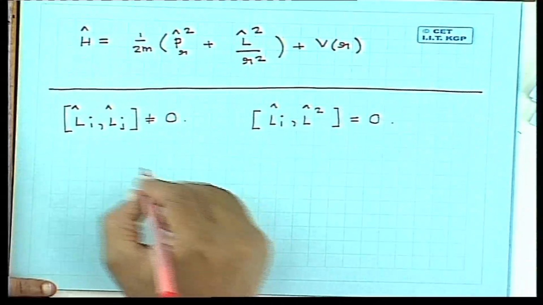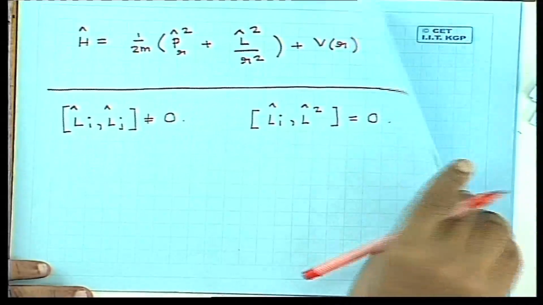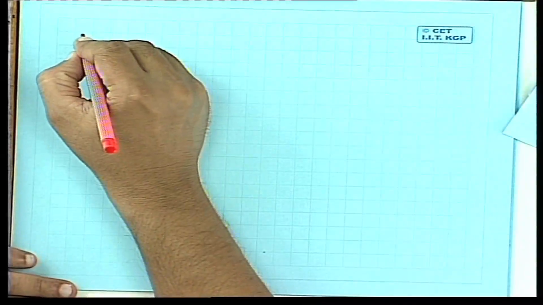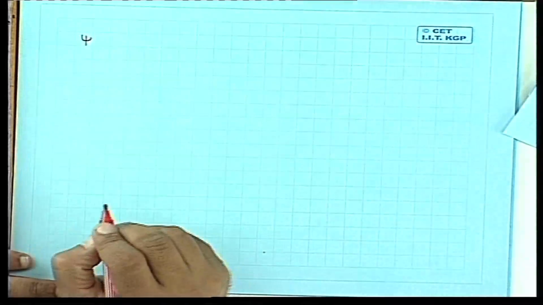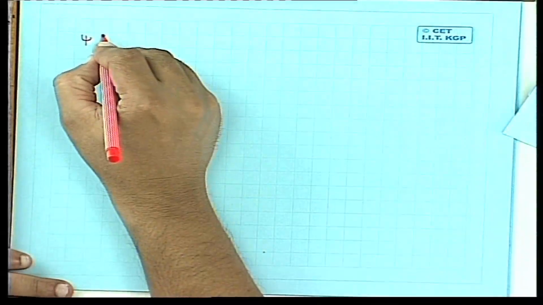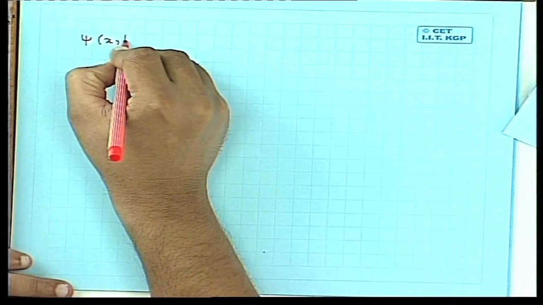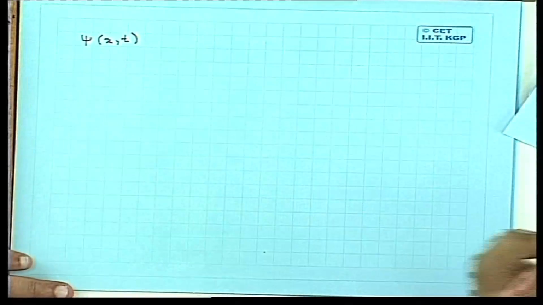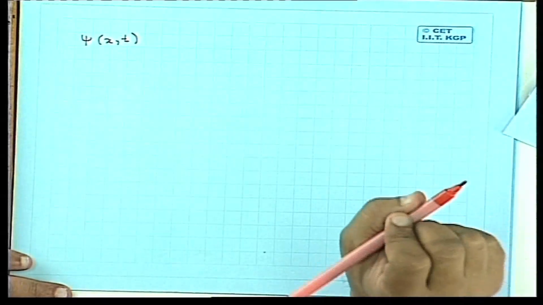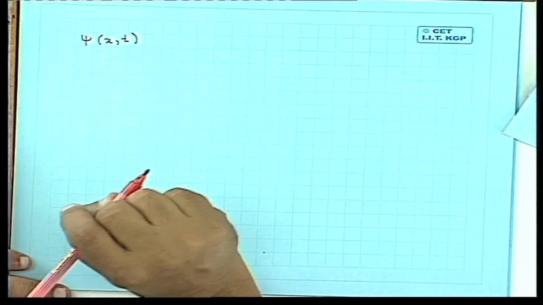So suppose I have a wave function psi which describes the state of the particle, and psi will be evolving in time, and the time evolution can be calculated using the Schrodinger equation.